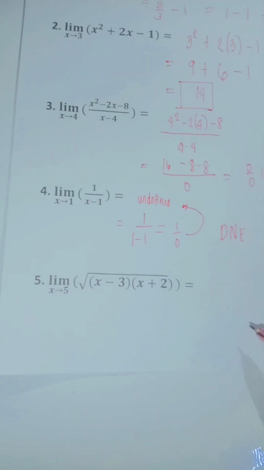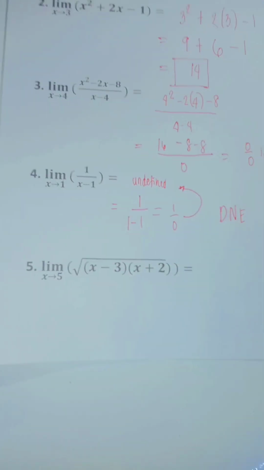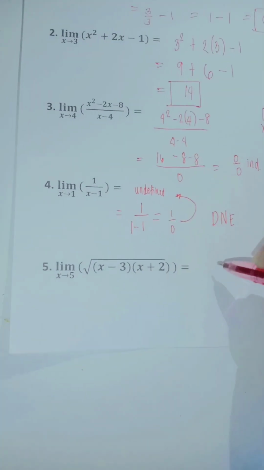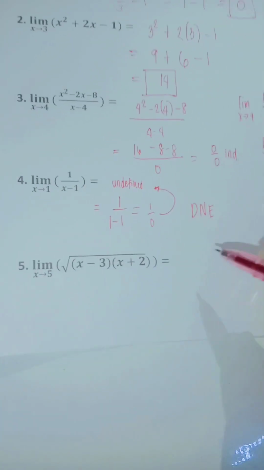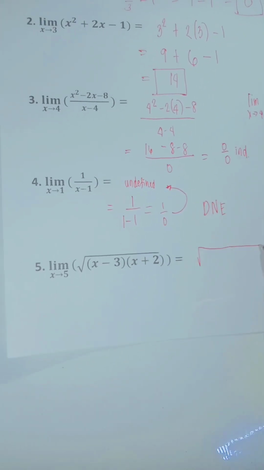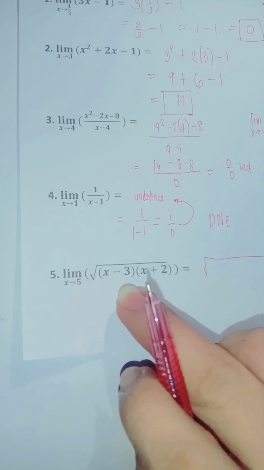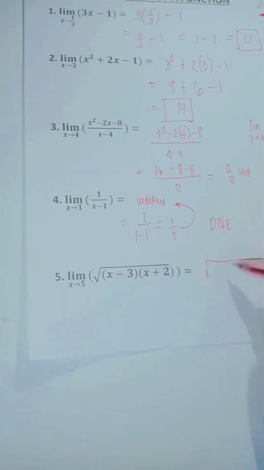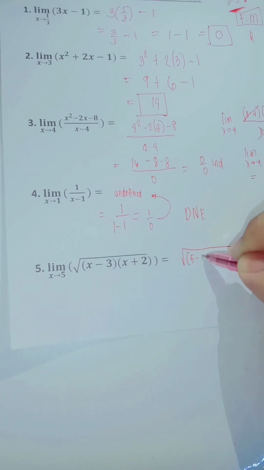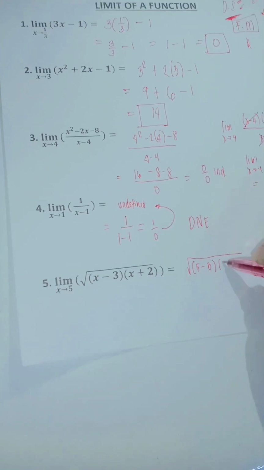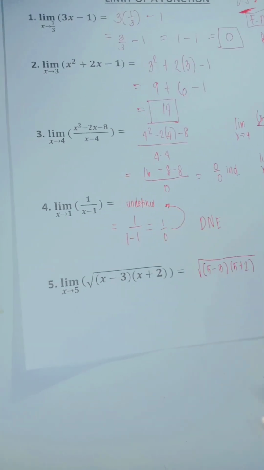How about number 5? So ito, radical sign. So check natin kung kayang gamitin ng direct substitution. So lahat ng x na nasa radical sign magiging 5. So the function becomes square root of 5 minus 3 times 5 plus 2 by direct substitution.